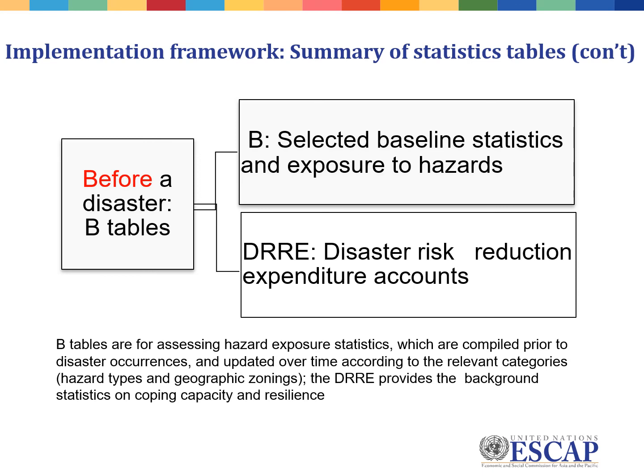And the tables here refer to the B tables and DRR tables. So the B tables are those required to assess hazard exposure statistics, which are compiled before disaster occurrences, and the DRRE provides the background statistics on coping capacity and resilience.